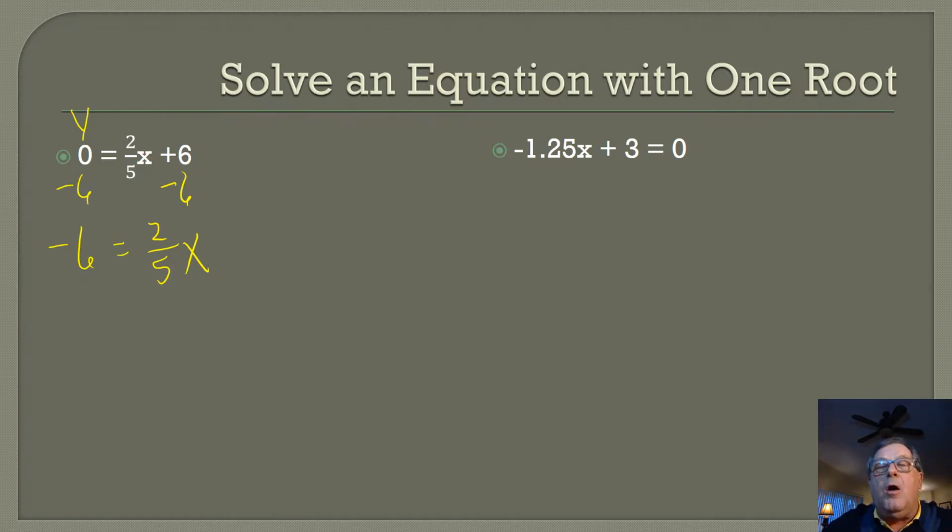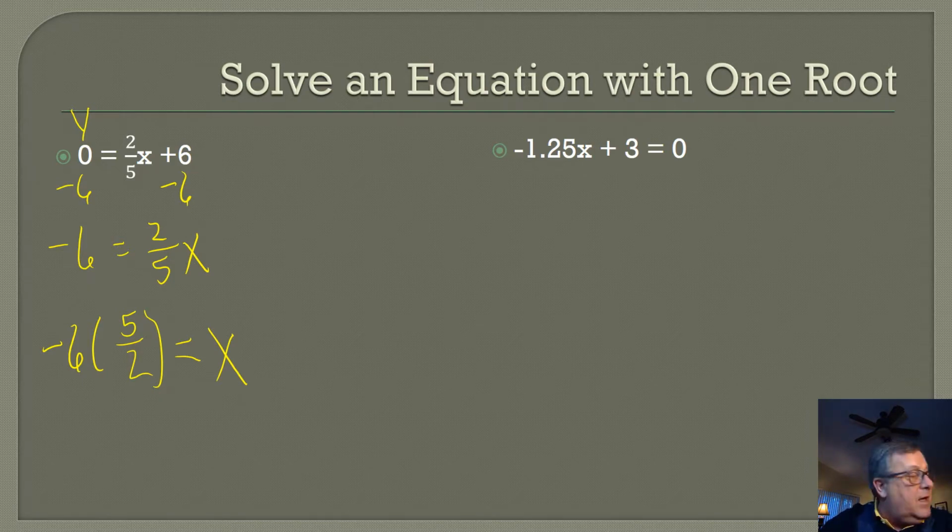But you may recall that if I'm dividing by a fraction, that is the same as multiplying by its reciprocal. So if I'm going to divide both sides of this equation by 2/5, that's actually going to be negative 6 times 5/2. And that's now going to equal x.